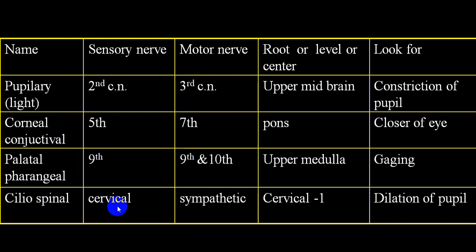Ciliospinal reflex, we are stimulating the cervical fiber or cervical sensory nerve. That is by stimulating the skin in the neck region, in the lower part of the neck, or we call it the lateral triangle of the neck. And the response is by the sympathetic system, which will stimulate the dilator pupillae fiber and gives rise to dilation of the pupil.